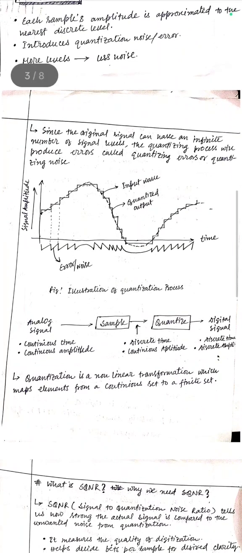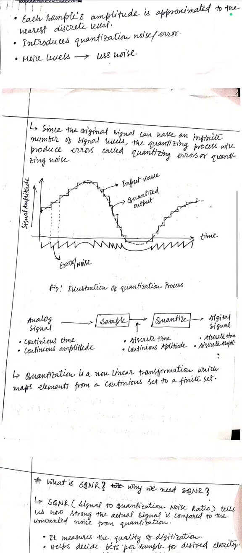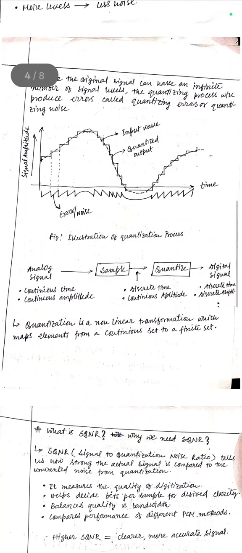The dotted signal is the input wave and the levels are the quantized output, and below this figure we can see the quantized error or the quantized noise. Now we know that an analog signal has continuous time and continuous amplitude.